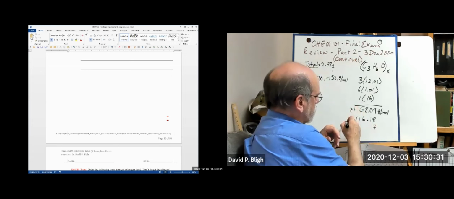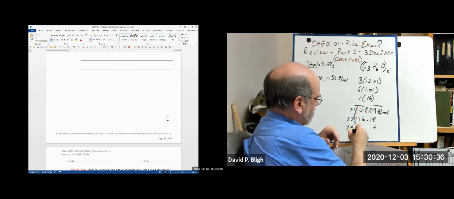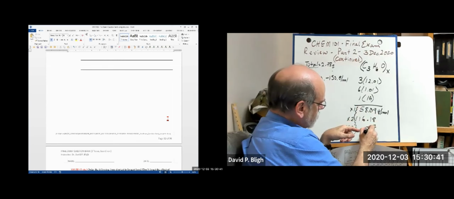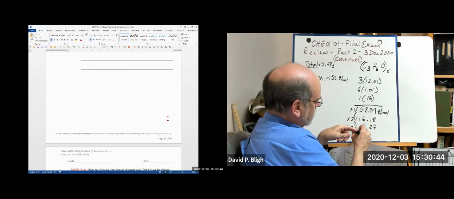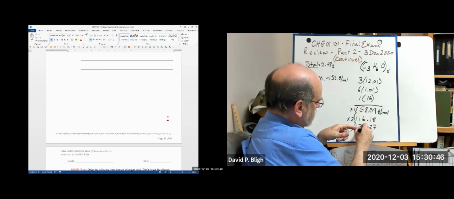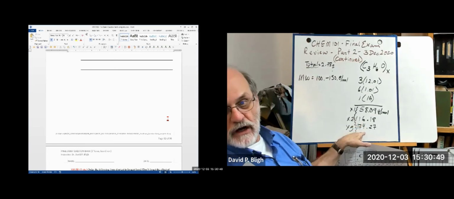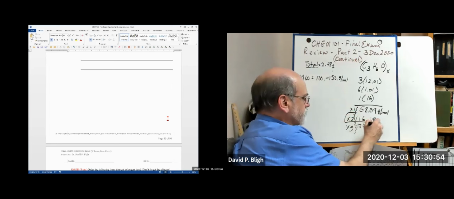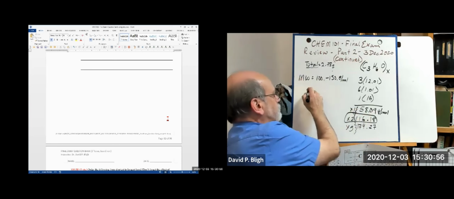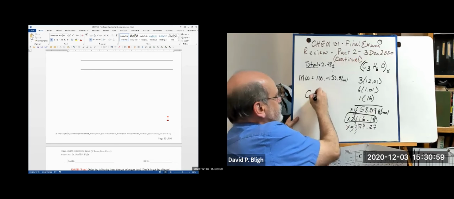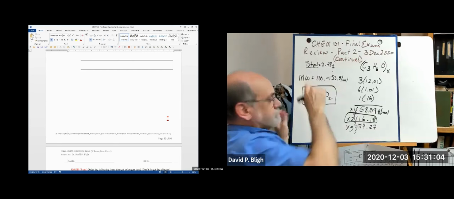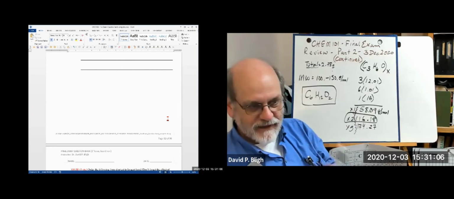This is times 1. This is times 2. This is times 3. 174 is too much, right? It's outside the range. So this is the only possibility where X is equal to 2. So that means it's C6H12O2. Okay? So that's your answer.